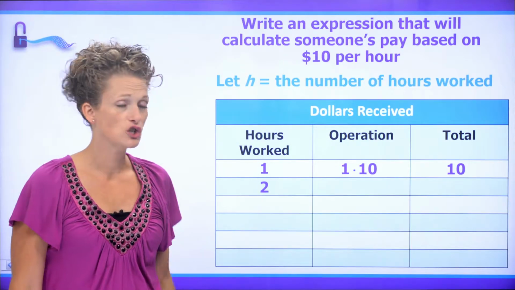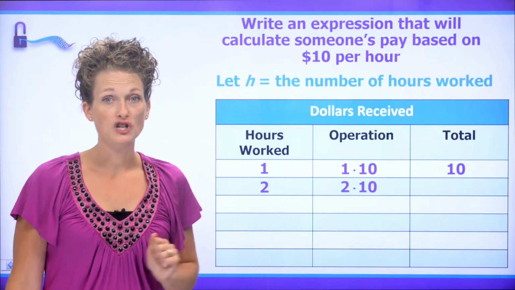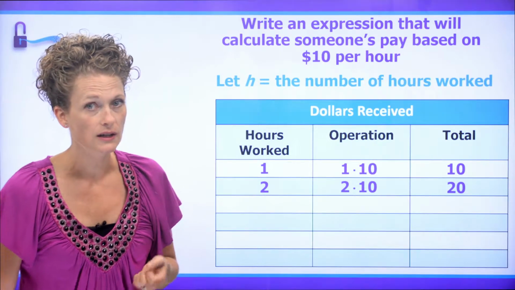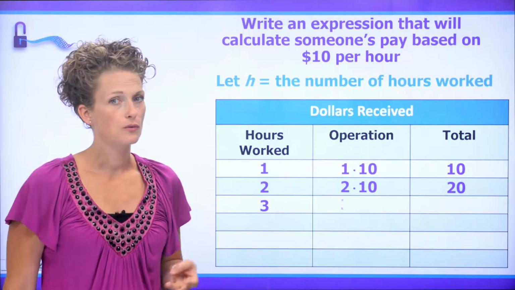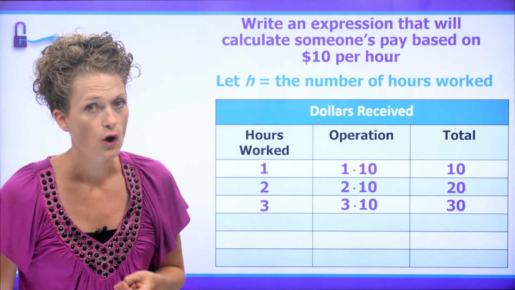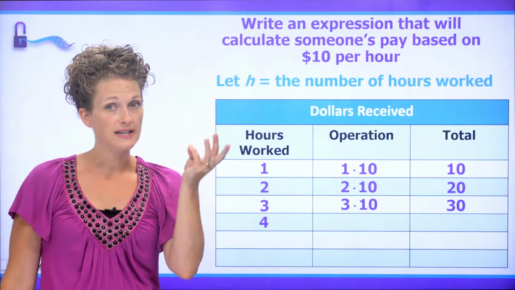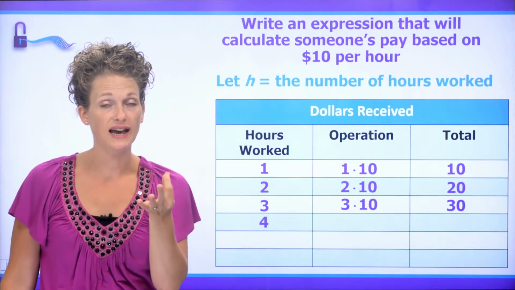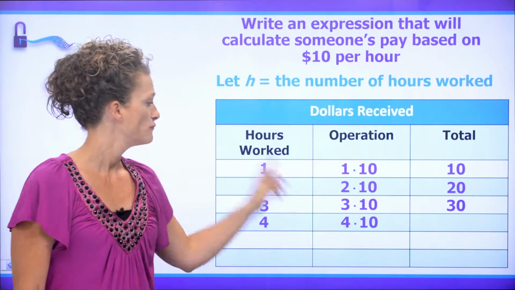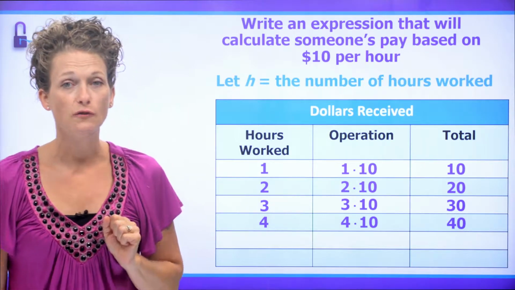Then if they work 2 hours, same operation, 2 times 10 is 20. 3 hours, 3 times 10, which is 30. Or 4 hours, again, think of it this way, 10 plus 10 plus 10 plus 10 is the same as 4 times 10, which gives us 40.